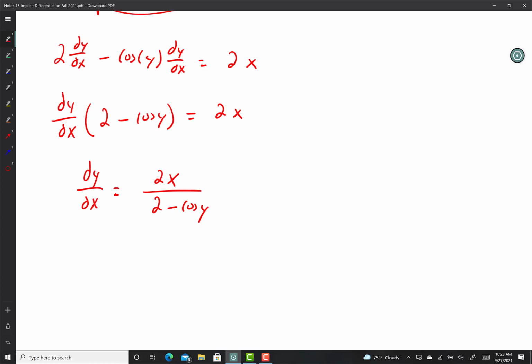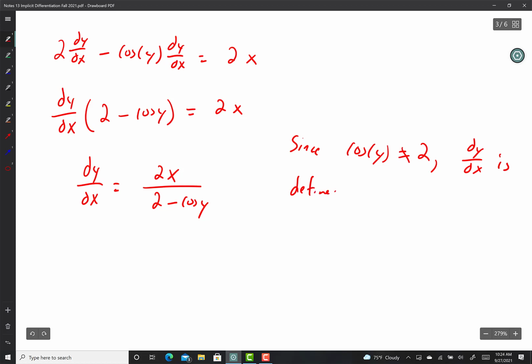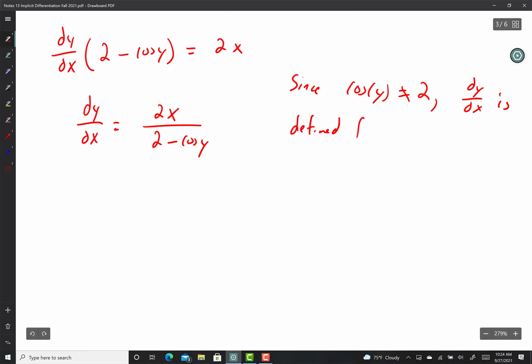And then we notice that no matter what we insert for y, will cosine y ever be 2? No. So dy dx is always defined. Since cosine y will never equal 2, dy dx is defined for all reals, because cosine only goes between 1 and negative 1.